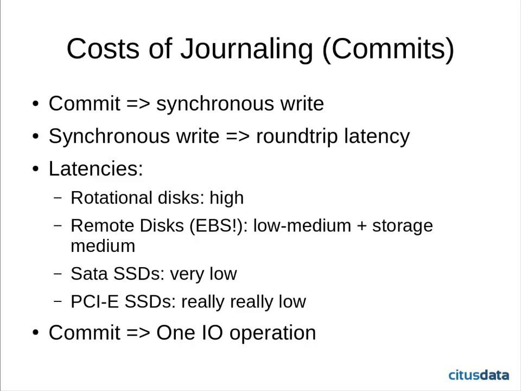I mean, we use some optimizations there, but in the end, that means every transaction that commits has to do at least one write. And that write has to be processed synchronously, which means we do the write to the disk, and then the transaction cannot report success back to the client until the write has succeeded. And that means we have to synchronously wait on whatever storage device we have. And depending on how fast your storage device is, this can be a long time.